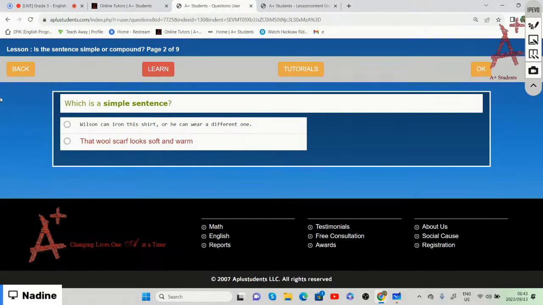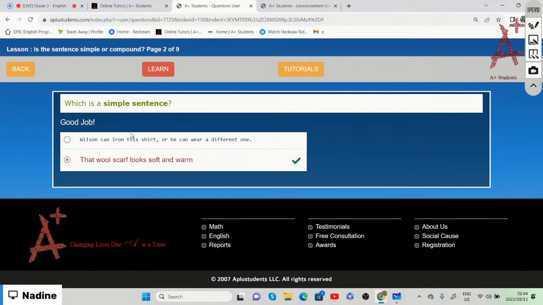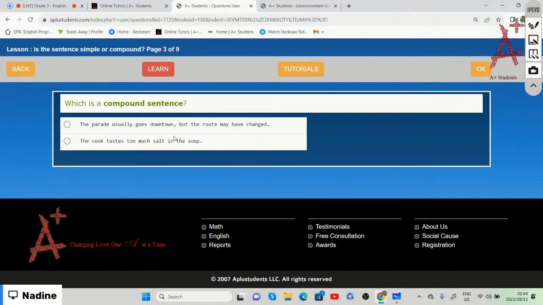We need to choose which one is a simple sentence. And a simple sentence, with one subject and a predicate, is the second option, because the first one has got two subjects, two predicates.